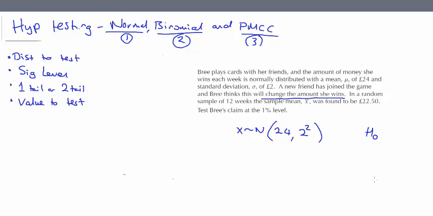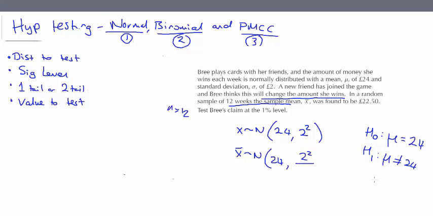So right now, H0, what we're testing, is mu is 24. H1 is saying this is not 24. So we've got a two-tailed test. In a random sample of 12 weeks, your sample is n equals 12. That gives us our sample mean distribution: 24 and 2 squared over 12, or we could have written that as 4 over 12.